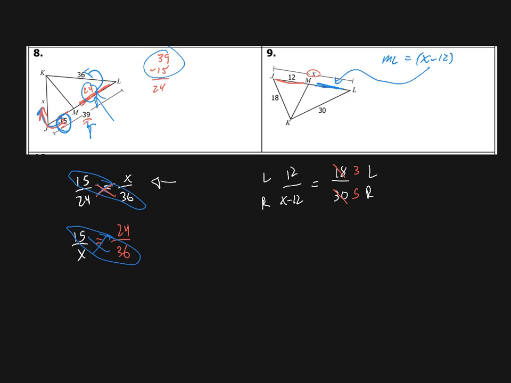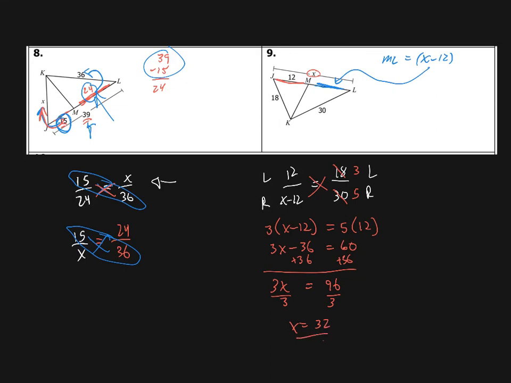Cross multiply and solve. And what do we get? 3 times x minus 12 is equal to 5 times 12. That's going to be 3x minus 36 is equal to 60. Add the 36 to both sides. And I'm going to be getting the 3x equal to 96. Divide by 3, x is equal to 32.